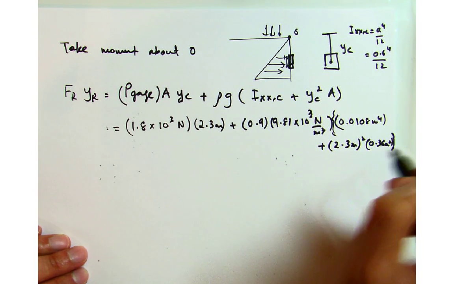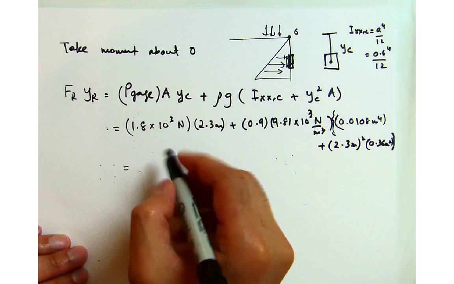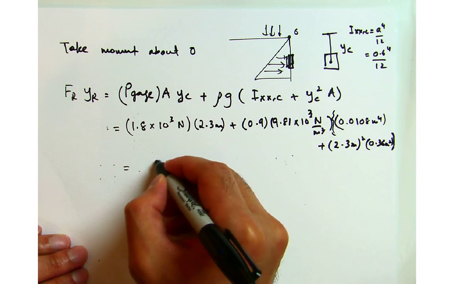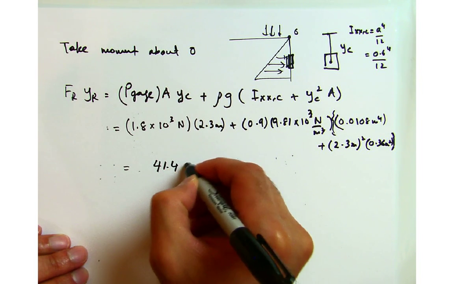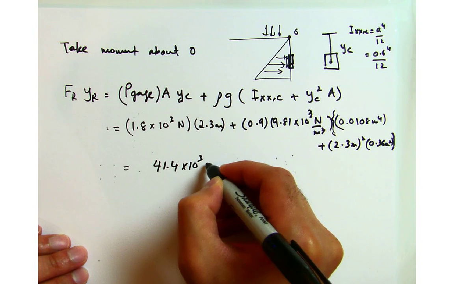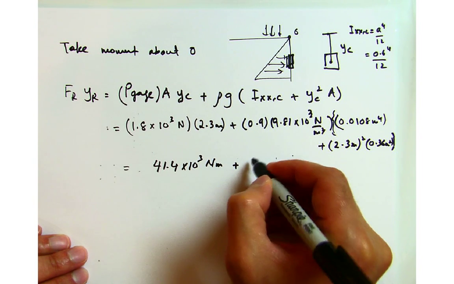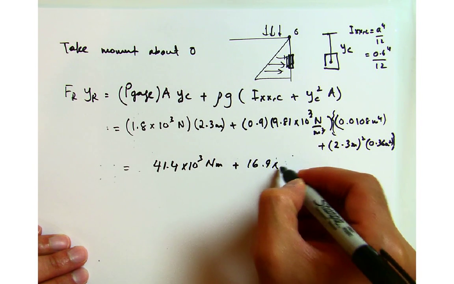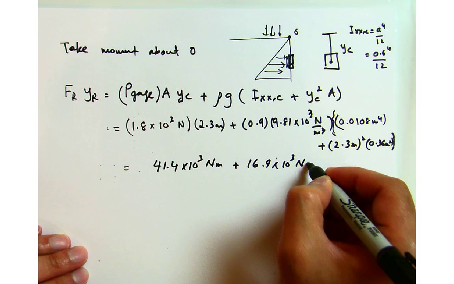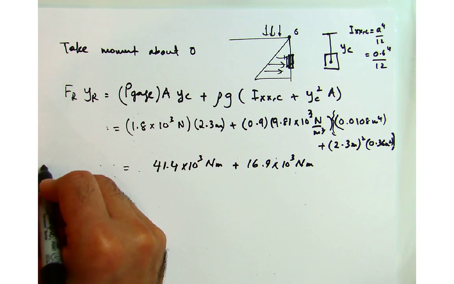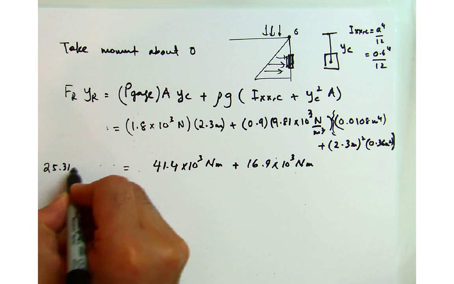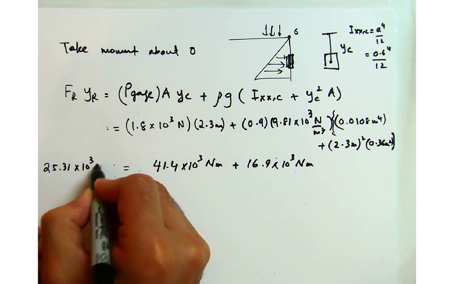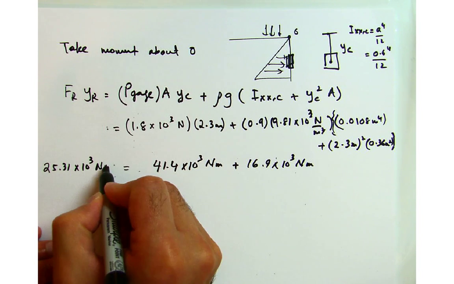Then I close this bracket, and once I put everything together, this gives me 41.4 into 10 raised to power 3 Newton meter, plus 16.9 into 10 raised to power 3 Newton meter. And then I also have this 25.31 into 10 raised to power 3 Newton, and then we have this YR.